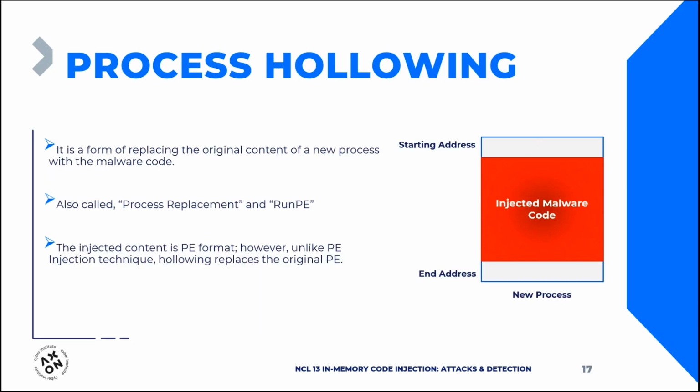So, in summary, the difference between classic DLL injection and PE injection: the steps are the same. The only difference is that with classic DLL injection, I am injecting the path to a DLL that is on disk, while with PE injection, I'm injecting the entire PE executable code.